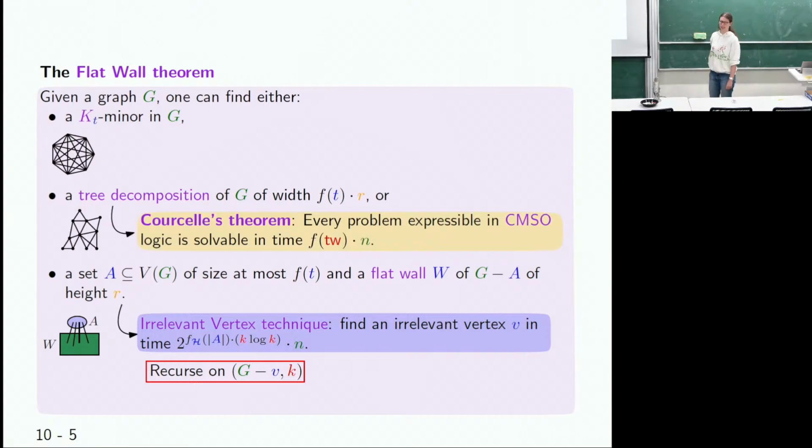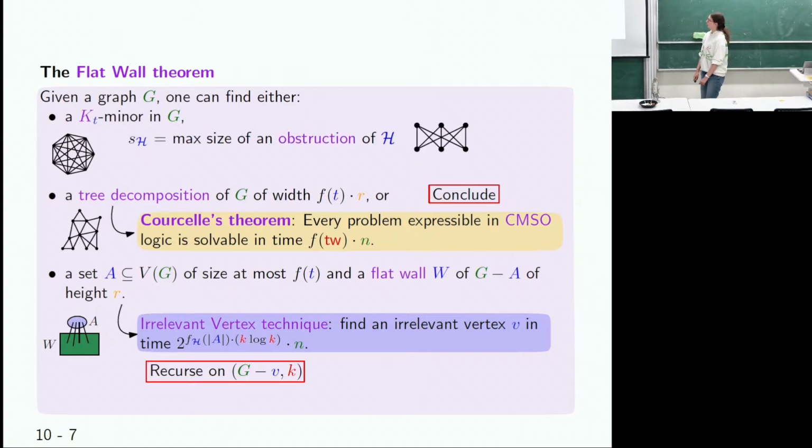If you find that G has bounded treewidth, then usually most people use Courcelle's theorem, which says essentially that most problems you can solve in linear time parameterized by the treewidth. In this case, I can just conclude. Now, if I have a big clique in my graph, I will be able to say that this is a no answer.